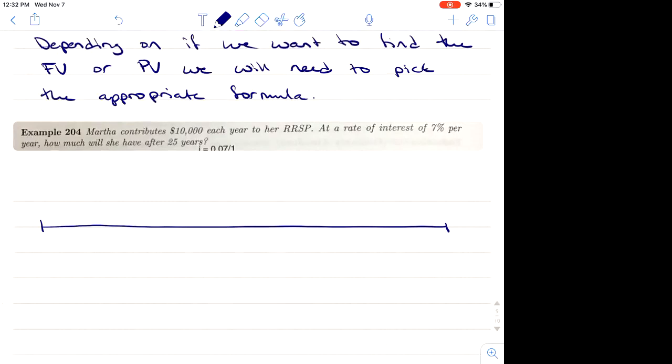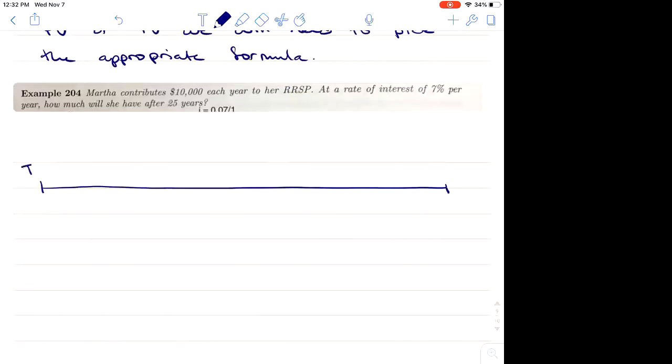And then we can just put dots in between to tell us that, hey, everything stays the same for all these 25 years or whatever years in between. So what I mean is, we start today with our payments, and then she's making payments every year. And interest is compounded every year as well.